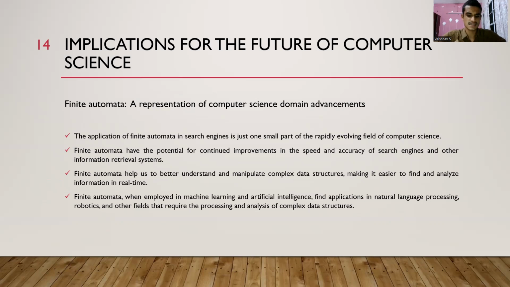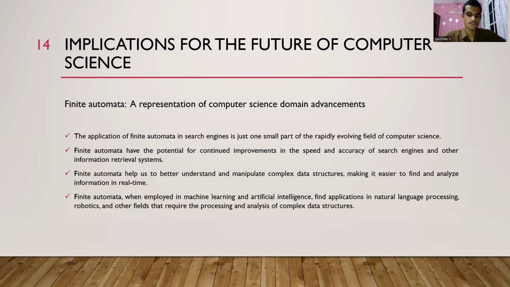Another implication is the increasing importance of machine learning and artificial intelligence in computer science. As we continue to develop more powerful algorithms and models for processing and analyzing data, we'll be able to create more sophisticated and intelligent systems that can learn from their environments and make increasingly accurate predictions and decisions.